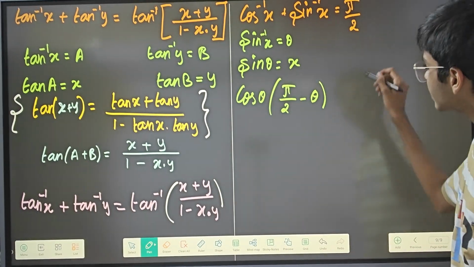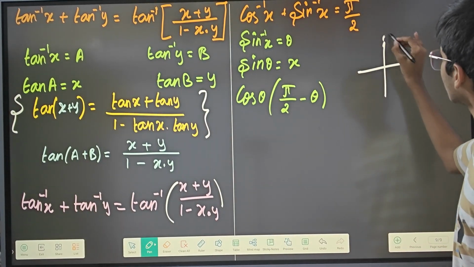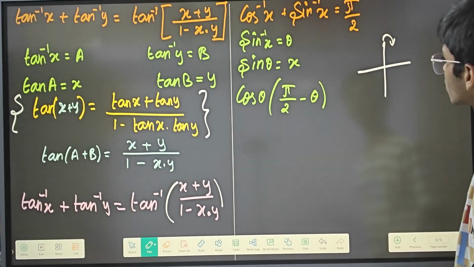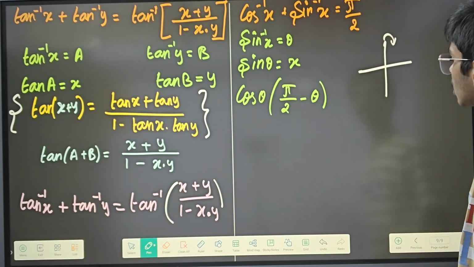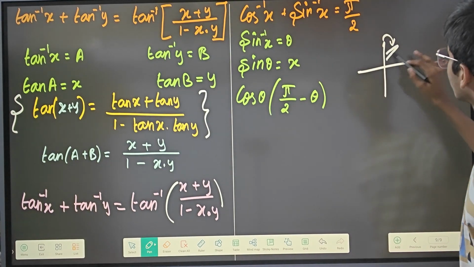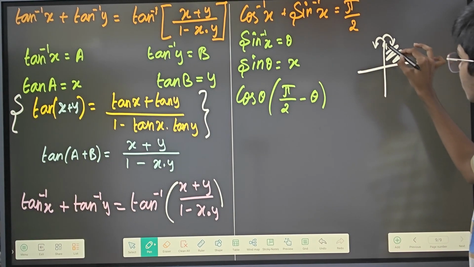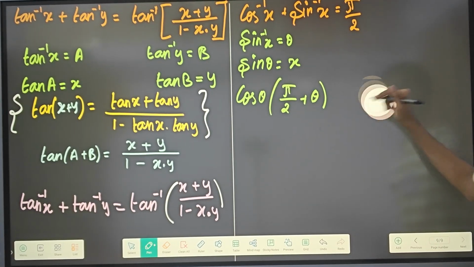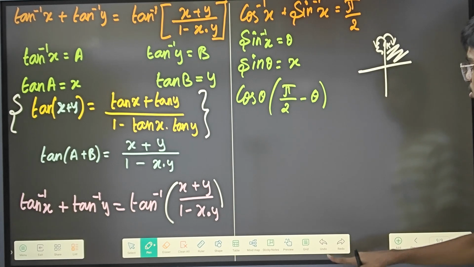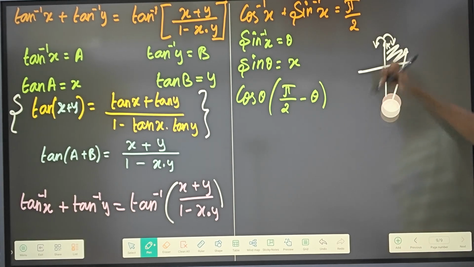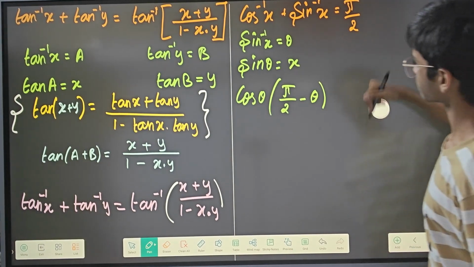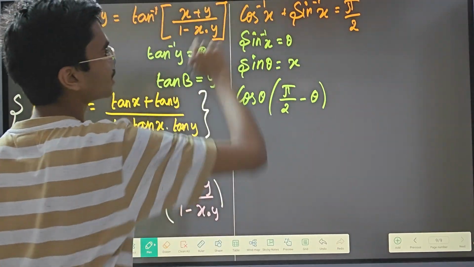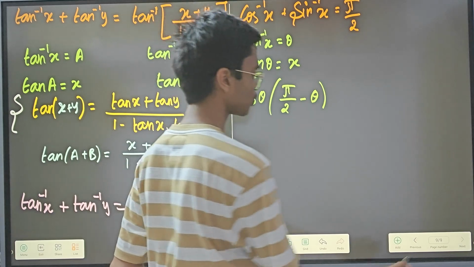Here everything is positive, all trigonometric functions are positive, so even if you put plus, it is okay. But minus is preferred. Your wish, minus or plus. No, minus only, then only you will be getting this formula.